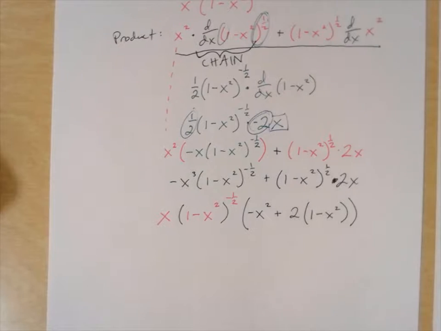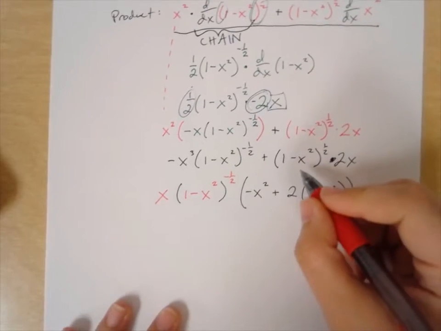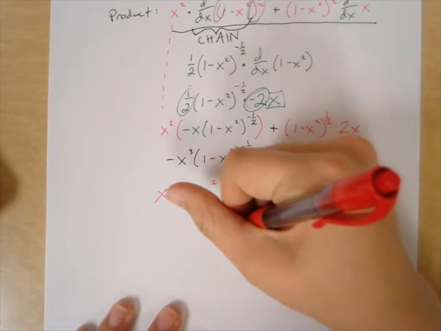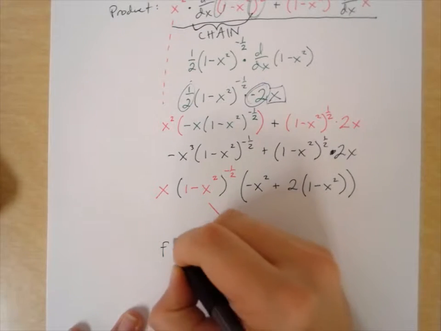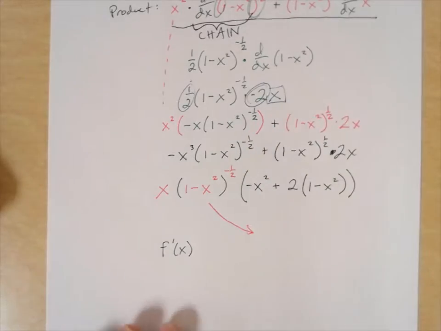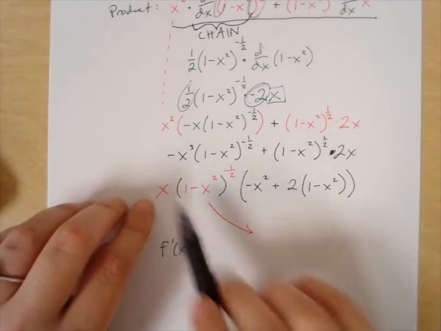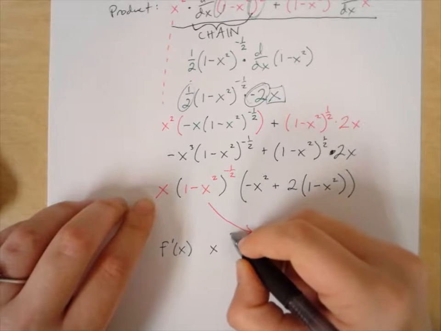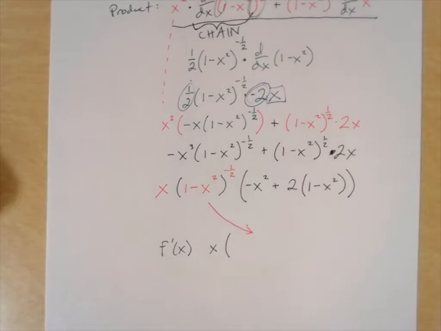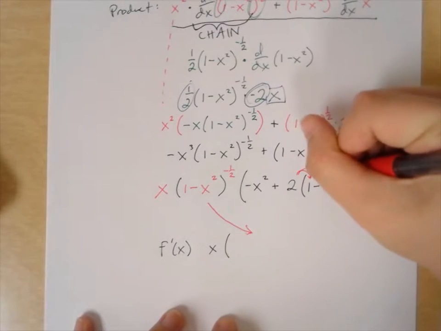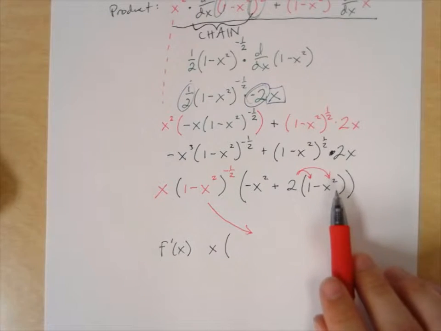And now that we have rewritten everything to our satisfaction, what we can say now is that this negative exponent out front needs to go to the bottom. It can't hang out here anymore. It's negative. So when we rewrite f prime of x, we say that we have this x on top, and we have this 2 distributed to the 1 and to the negative x squared.